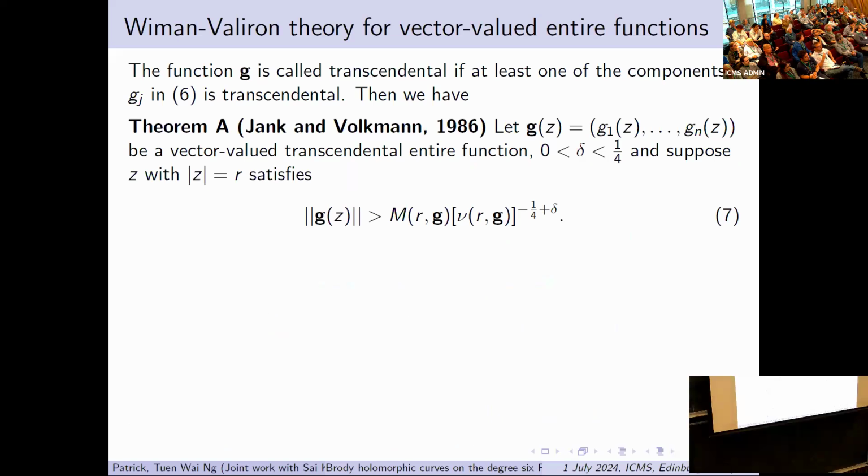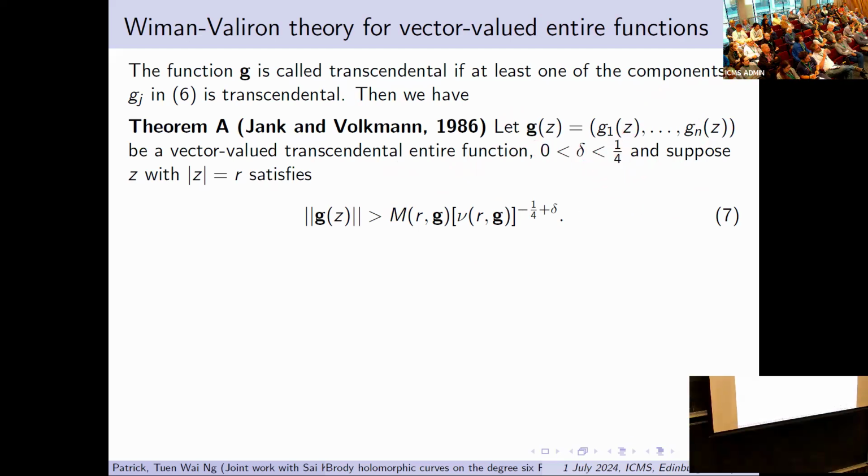So here is the statement for this vector valued Riemann-Weintraub theory. Again we have this vector valued function G, and let's assume it to be transcendental, which means at least one of these coordinate functions is transcendental. And then let delta be a number between 0 and 1/4.